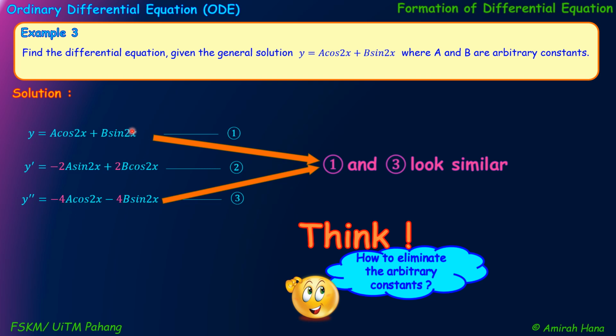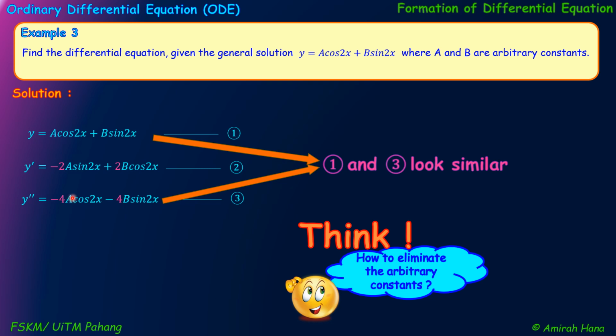The b sin 2x in equation 1 is similar to the sin 2x in equation 3, with constant b. But for y prime, besides sin 2x, we get constant a, so it's not similar.